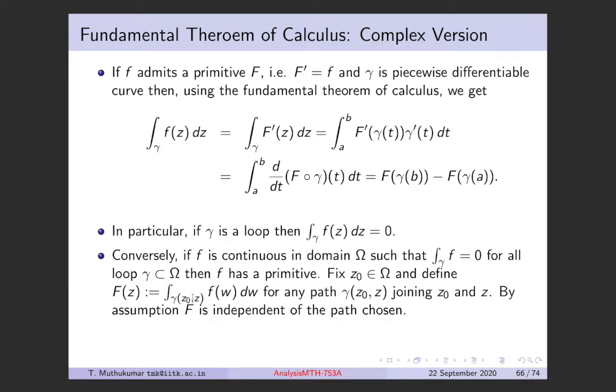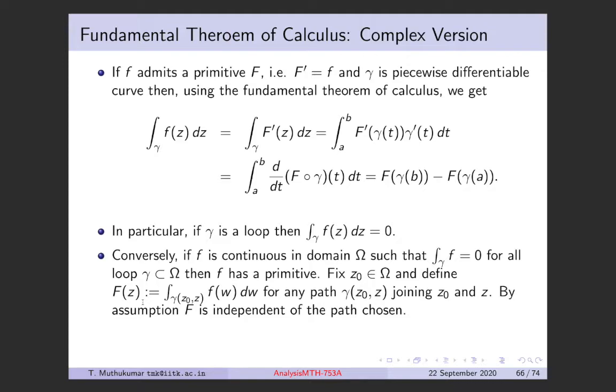In terms of this integral, you will have the integral from z0 to z+h minus the integral from z0 to z. If you subtract that, you get the integral over the curve joining z to z+h of this little f, and there is a 1 over h here when you divide.